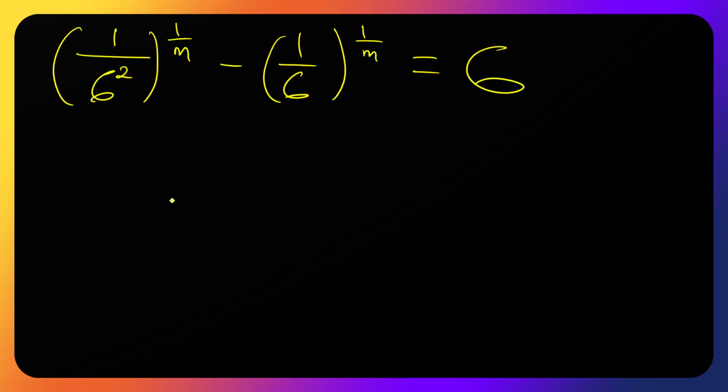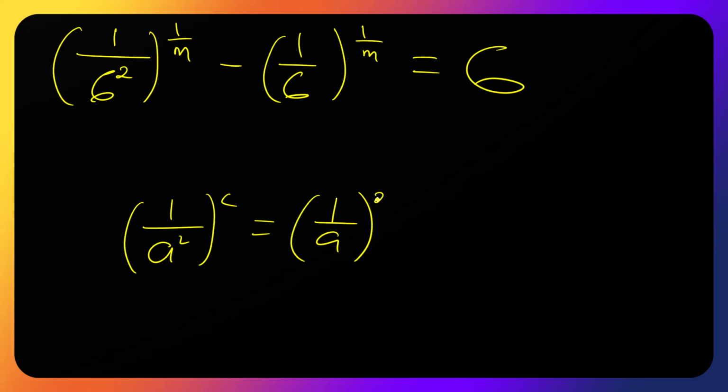So when we have (1/a squared) all raised to c, it is the same as (1/a) all raised to 2c. Once these two enter the bracket, it affects this and that. So you would take the 2 out.